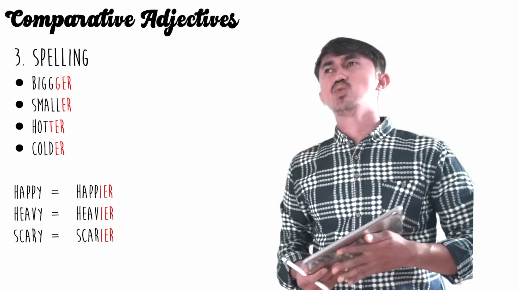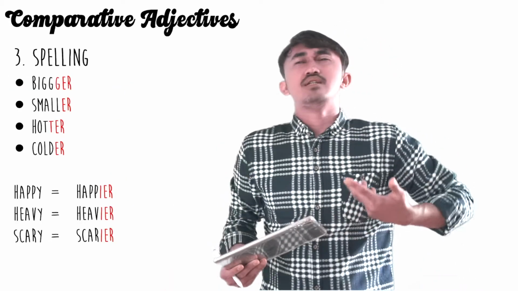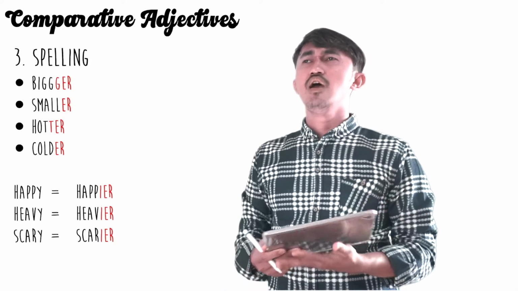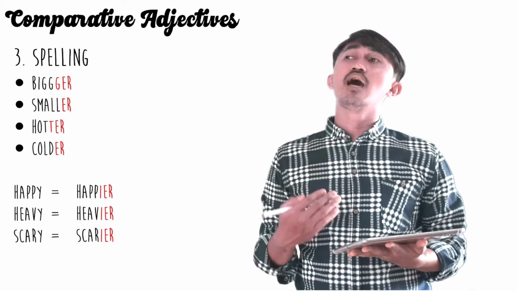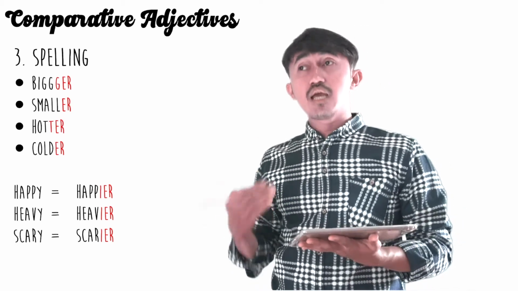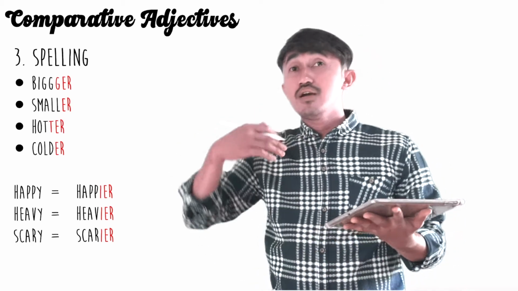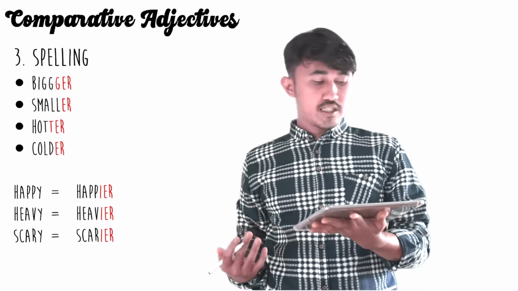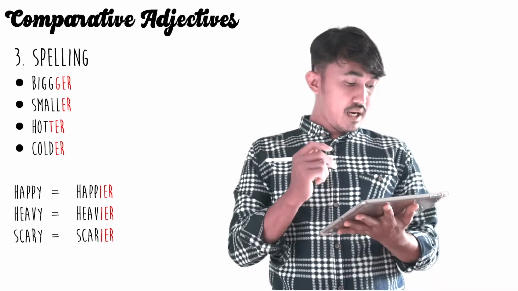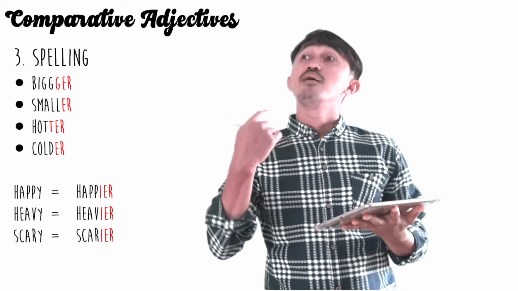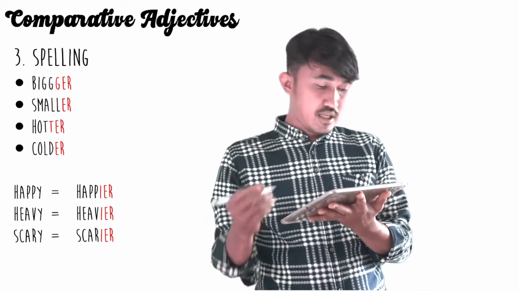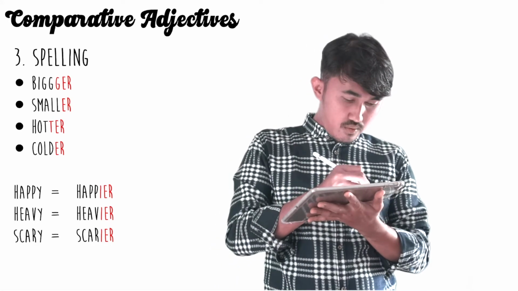So sometimes when we think about comparative adjectives, where we have to put er, there are some words in English that need a doubled letter. For example, I have big. Big, we need to put one more letter. Sorry, I got this one wrong.